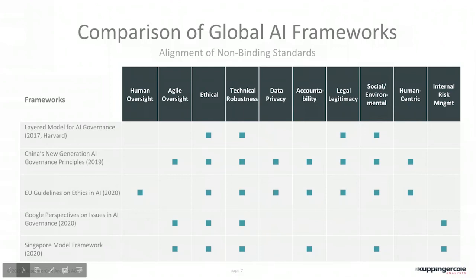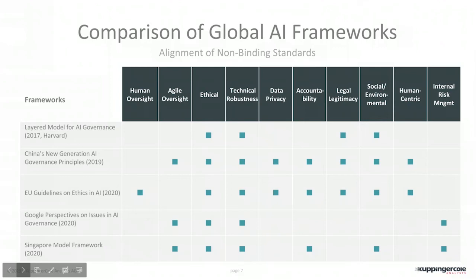Then from China's Ministry of Science and Technology, they put forward their new generation AI governance principles, which covers a huge range of topics. But notably, they have a preference for a term like agile governance, which contains ideas like iterative improvement of governance structures so that AI always develops in a human-friendly way.